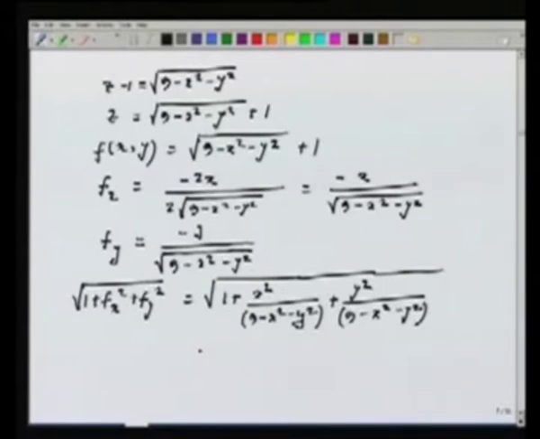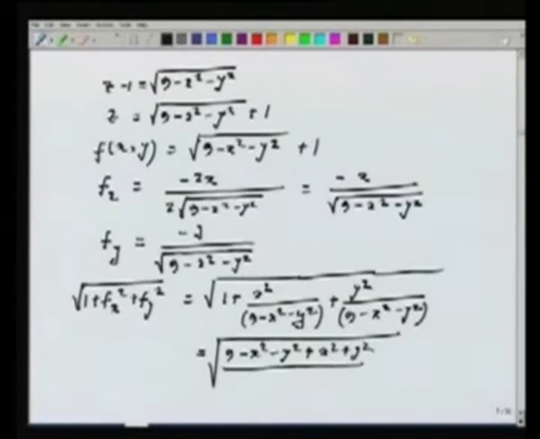If I calculate this whole quantity, what I get is square root of 9 minus x square minus y square plus x square plus y square divided by 9 minus x square minus y square. So which is nothing but 3 by square root of 9 minus x square minus y square.